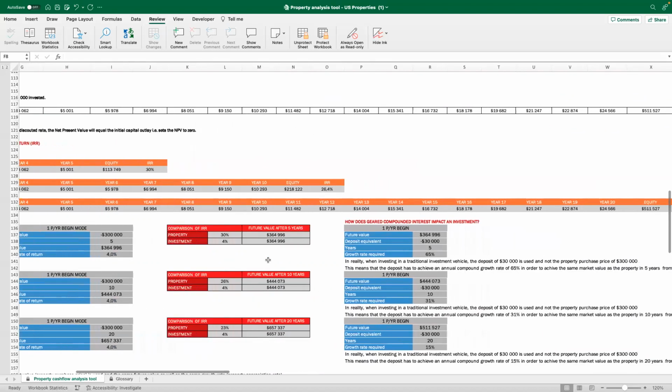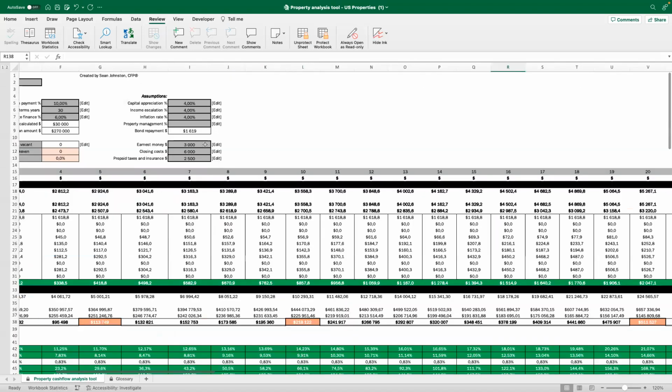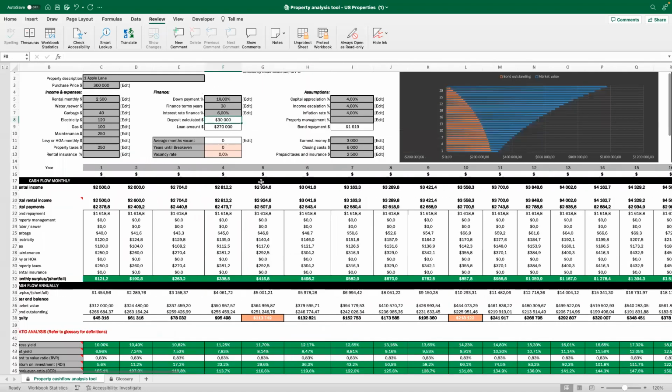If you now look at how the compound interest return works, so the future value after 5 years is $364,996, which is over here. Your equivalent deposit is $30,000, which is the down payment.